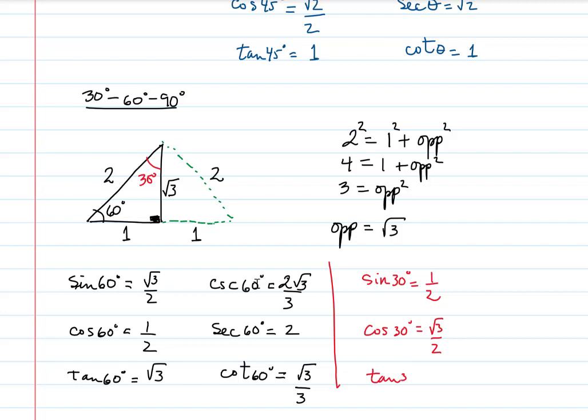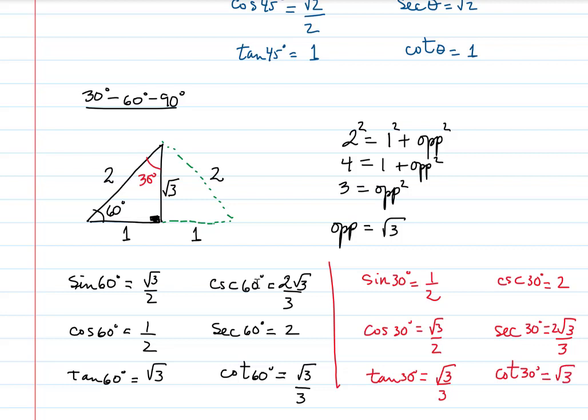Tangent of 30, rationalized, would be square root of 3 over 3. We have cosecant of 30, it's 2. Secant of 30 is 2 square root of 3 over 3, already rationalized, and cotangent of 30 would be square root of 3.